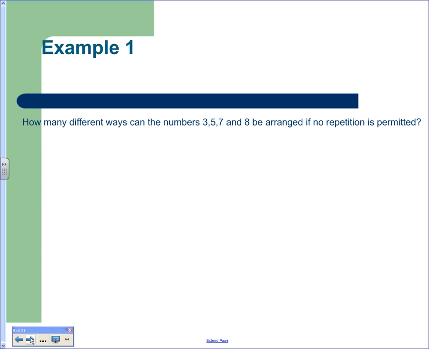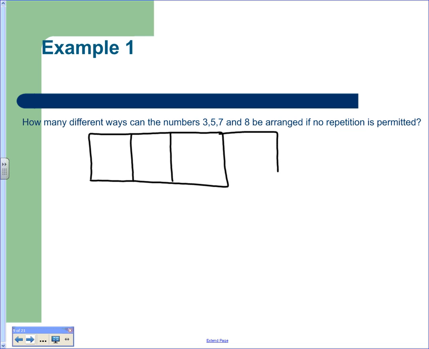Okay, so how many different ways can the numbers 3, 5, 7, and 8 be arranged if no repetition is permitted? Don't do anything. I'm going to show you what to do. How many numbers are we looking at?